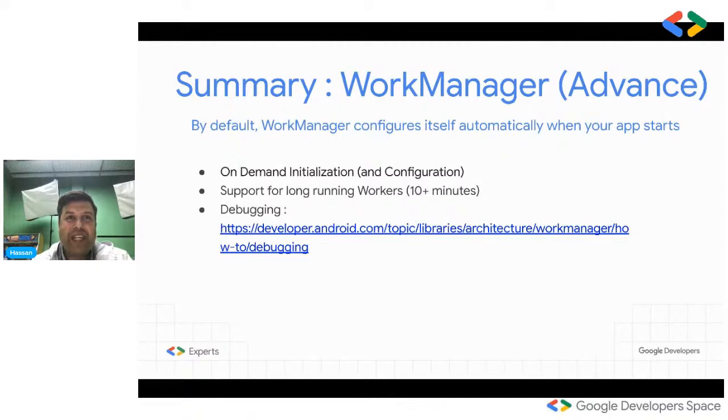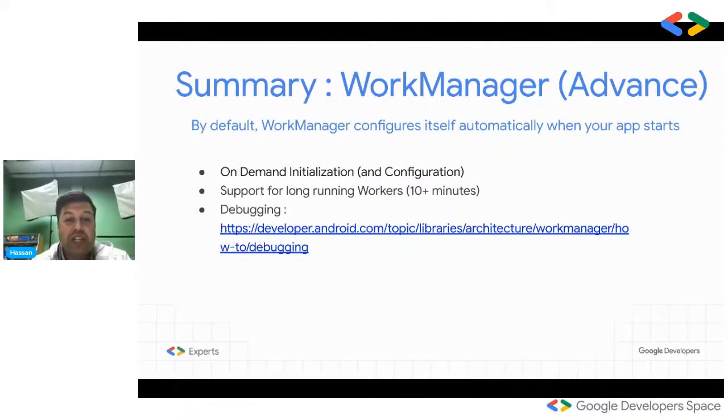If you think your job or task is small, like fetching some data from the network or running something in the background, then just use coroutines. But if you have a long running task like bulk data upload, bulk data download, running some ML models or doing some heavy filtering, then WorkManager is more suitable.